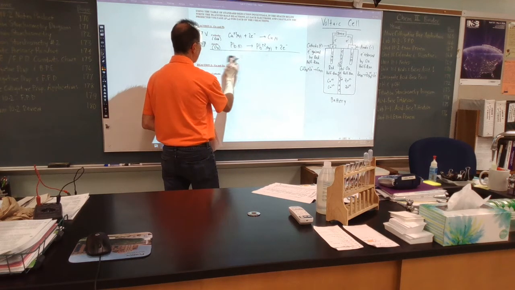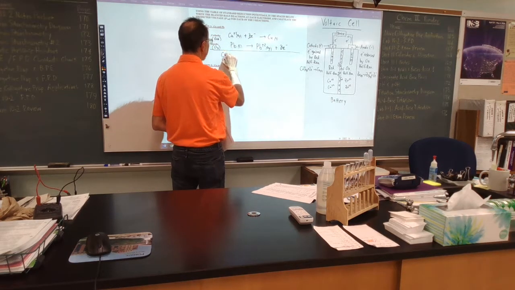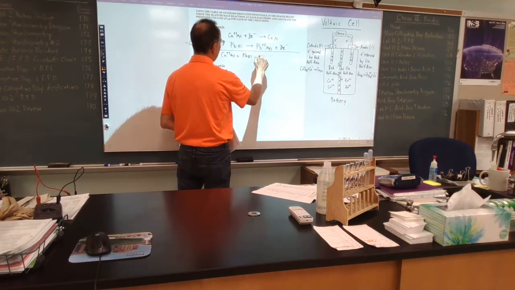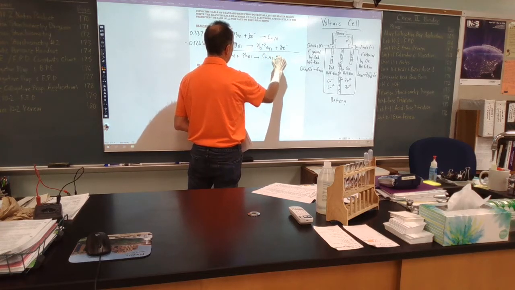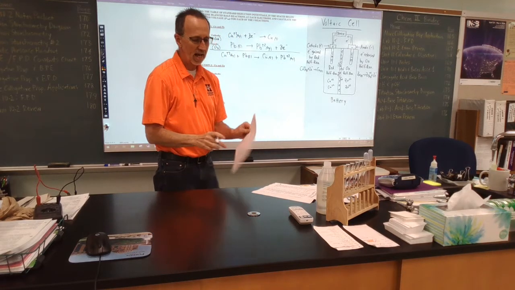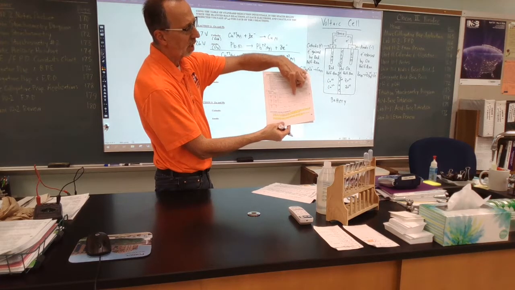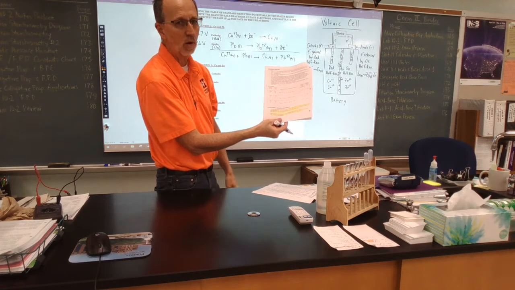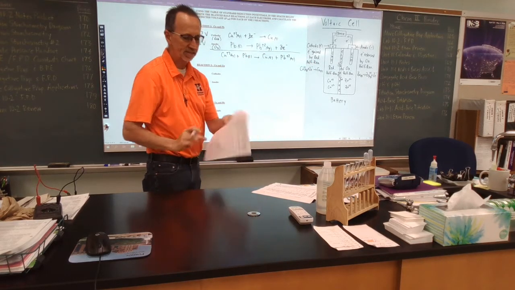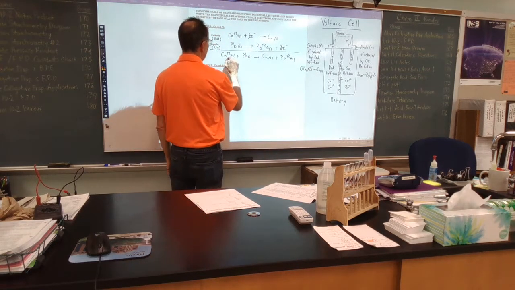Okay, so E cell then. Well, let me write the net ionic equation first. So these are going to cancel. So we have Cu plus 2 (aq) plus Pb solid yields Cu solid plus Pb plus 2 (aq). This is the net ionic equation then that is asked for on the data table for part 1, reaction 1. It's right there. Okay? Now, let's calculate E cell for this.